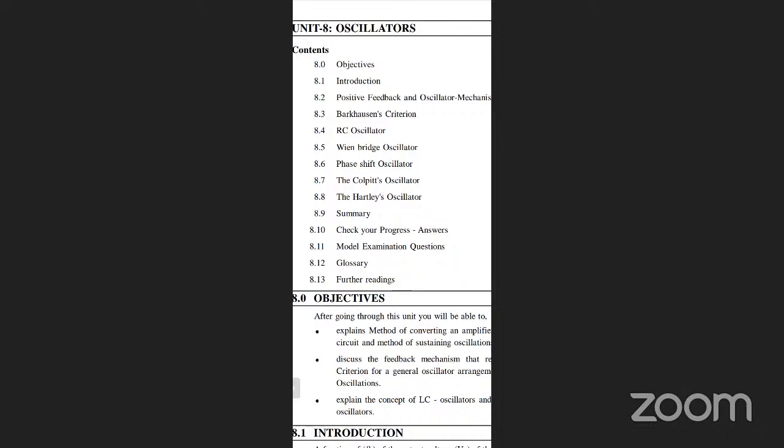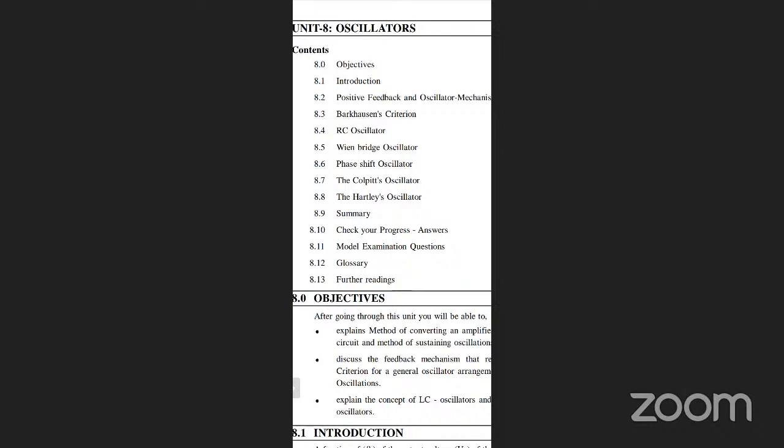These come under the RC combination. So these are the audible frequency oscillators. Out of these, definitely the Wien bridge oscillator and also the phase shift oscillator will be asked.